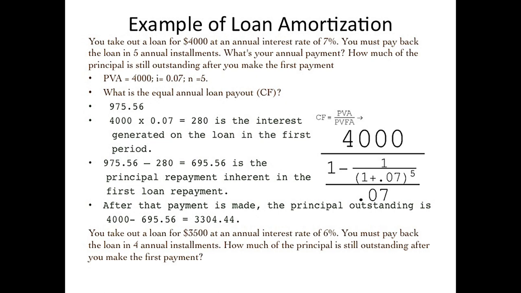And we know the formula, the present value of annuity, if you recall from an earlier video segment, that the present value of annuity equals the cash flow times the present value factor for annuity.